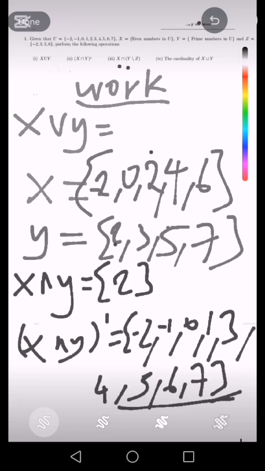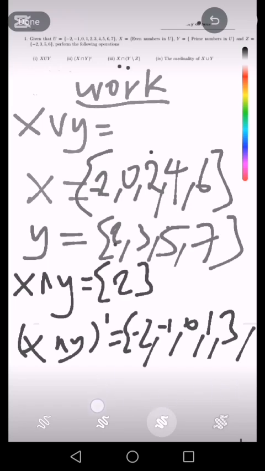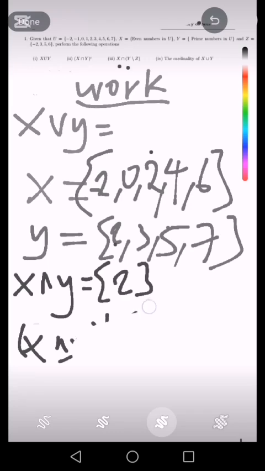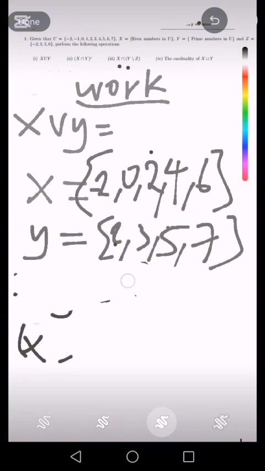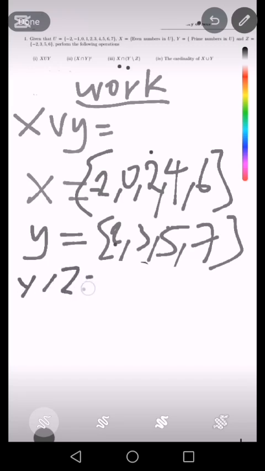We start with y over z, which means they want elements found in y but not in z.